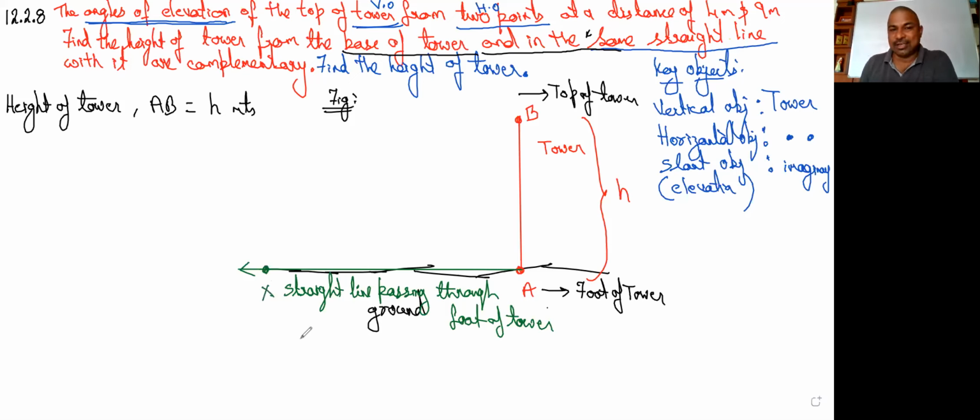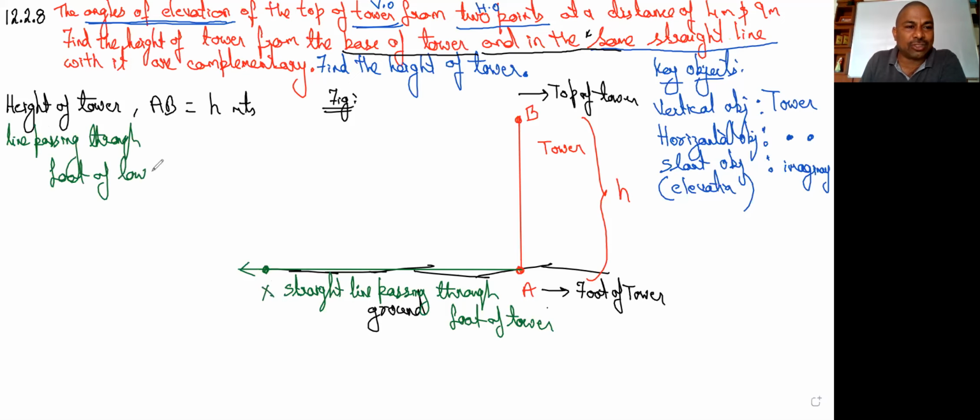I like to call it as AX. So now, what is AX? Line passing through the foot of the tower. That's what we have to mention. So which is the line we are talking about?